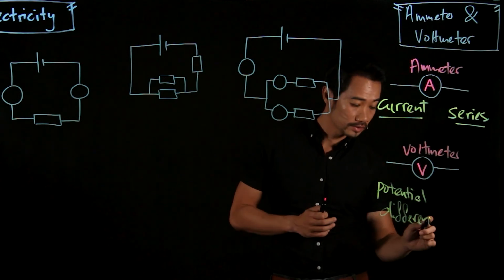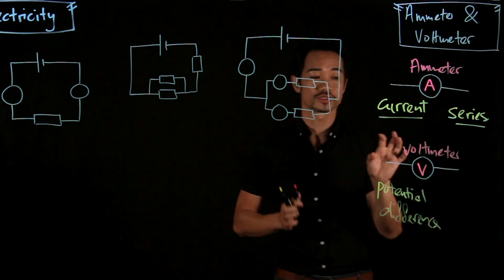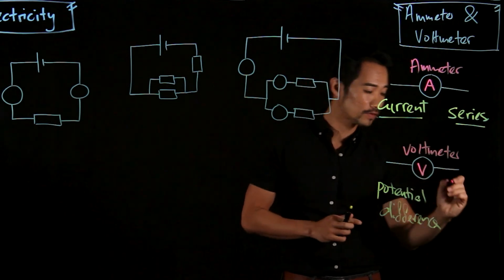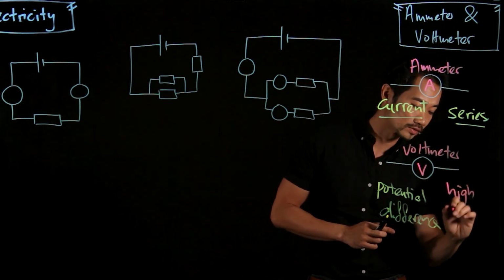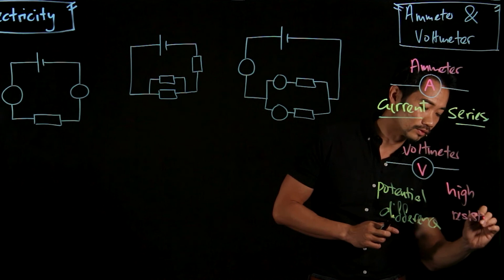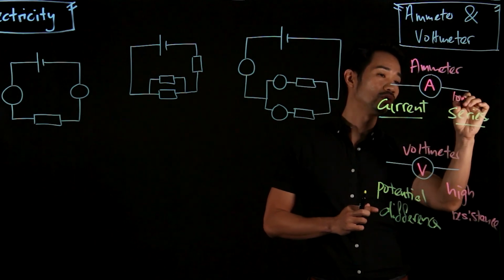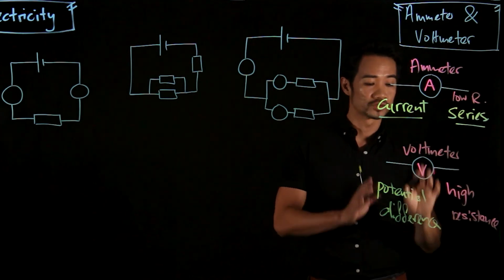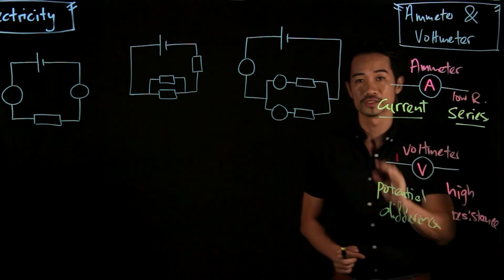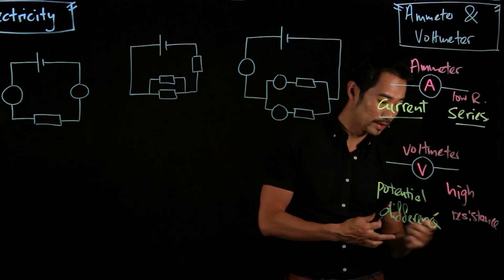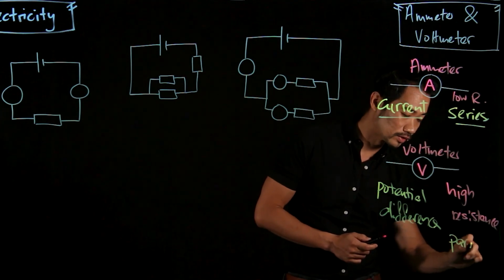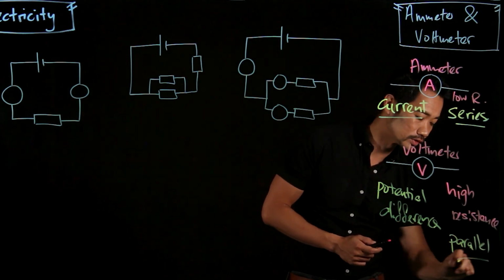The voltmeter has an interesting characteristic. It has very high resistance, whereas the ammeter has very low resistance. Because of its high resistance, the voltmeter needs to be connected in parallel, which I will describe later.